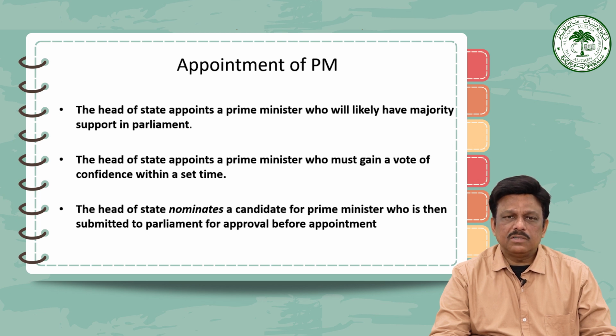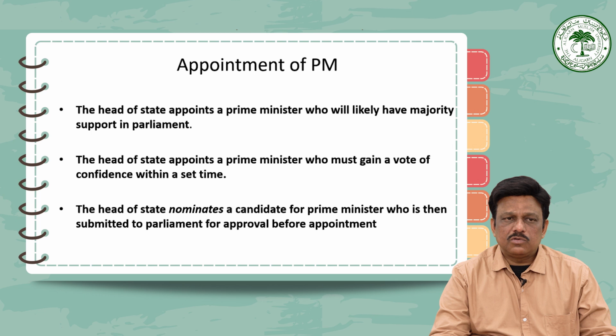And if the said leader fails to obtain the confidence of Parliament, then the leader of the second largest party is given the exploratory mandate, and if that fails, then the leader of the third largest political party is given that same exploratory mandate, and so on and so forth. This system is used in Greece.